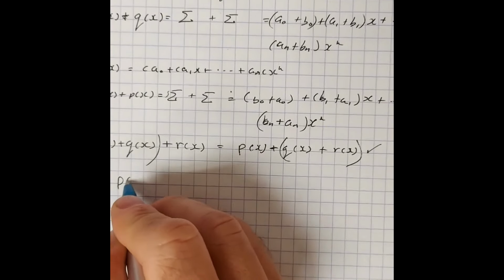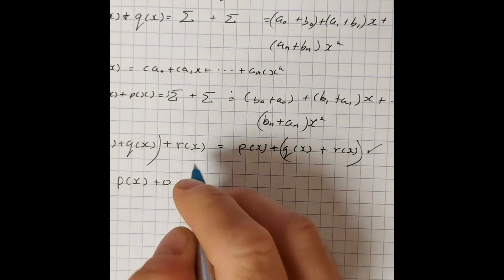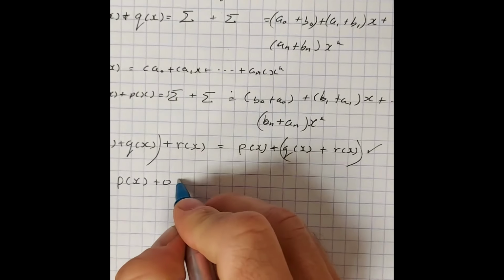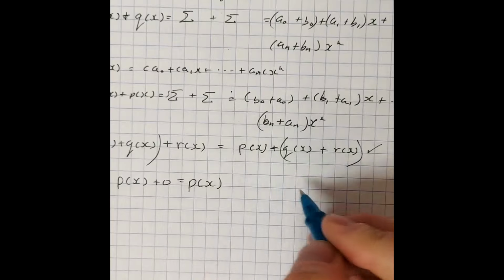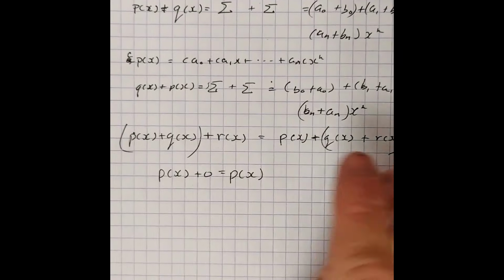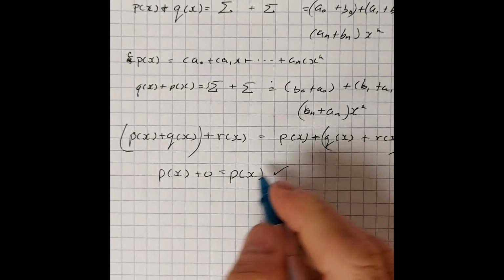The zero polynomial, where all of the a's are 0, is the identity: p of x plus the zero polynomial gives p of x. So this one also checks.